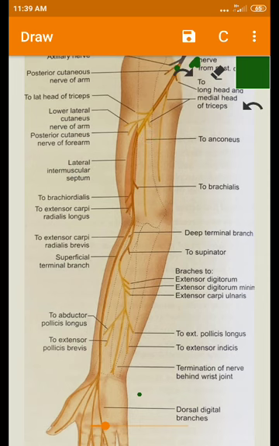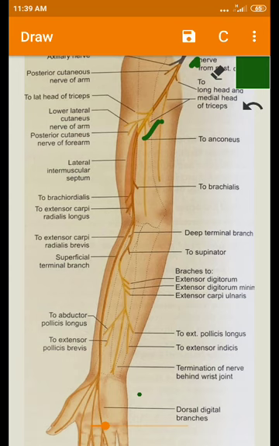Okay, now this radial nerve leaves the arm by passing between the long head and medial head of the triceps along with the profunda brachii artery to enter into the spiral groove in the posterior compartment of the arm.